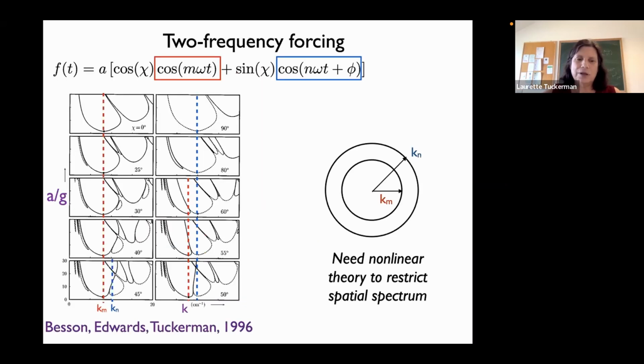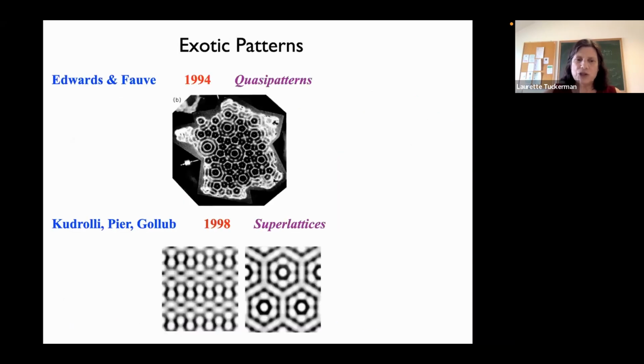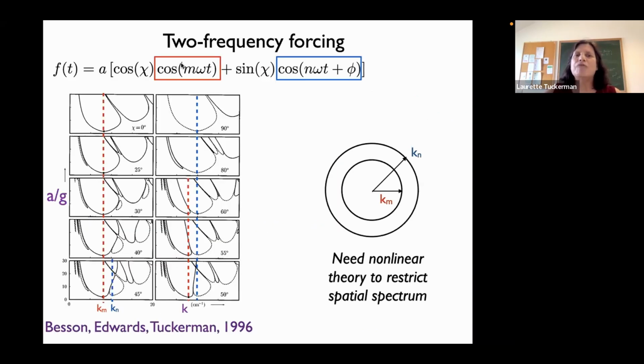So what's going on here? Well, I told you about a temporal frequency eliciting a spatial one. So supposing you had, instead of a trigonometric form for the shaking, the sum of two different frequencies like this. So you're shaking with M omega and with N omega. And this cosine sine business is just a way of saying alpha and beta, different coefficients without changing the overall amplitude.